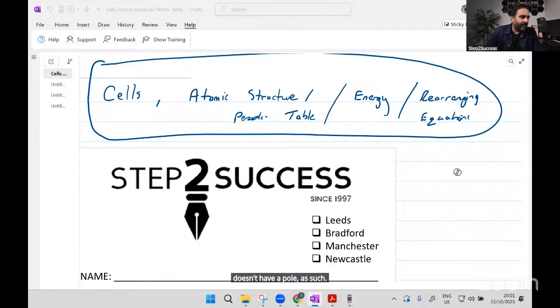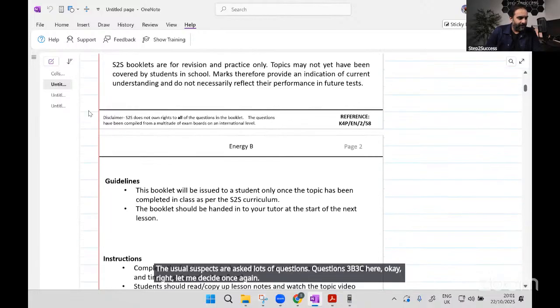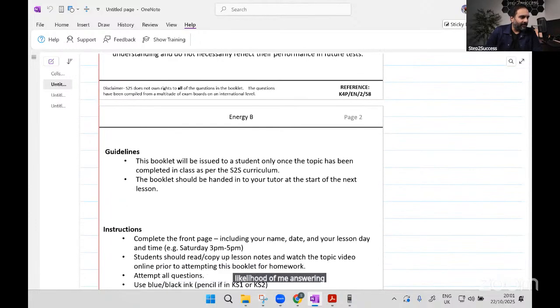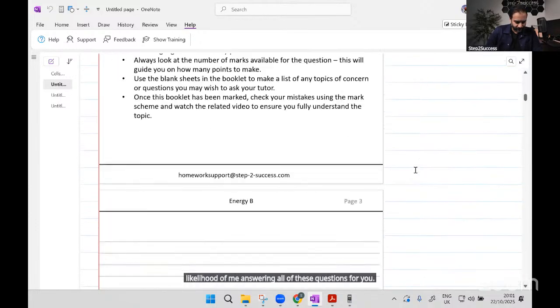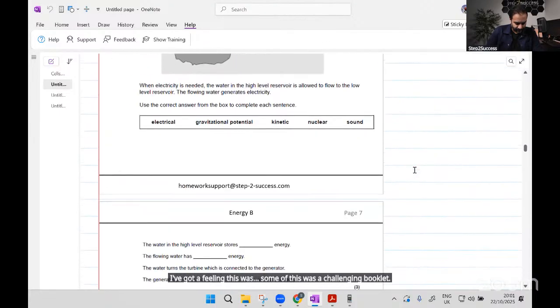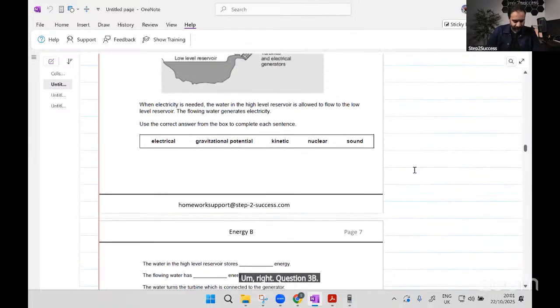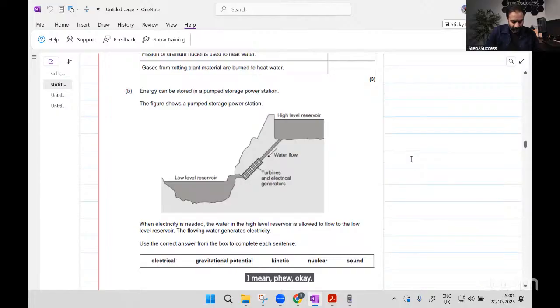So yeah, right. The usual suspects have asked lots of questions. Questions 3B, 3C. Okay, right. Let me decide once again the likelihood of me answering all of these questions for you. I've got a feeling some of this was a challenging booklet. Question 3B. Okay, I'll answer it, but I shouldn't.